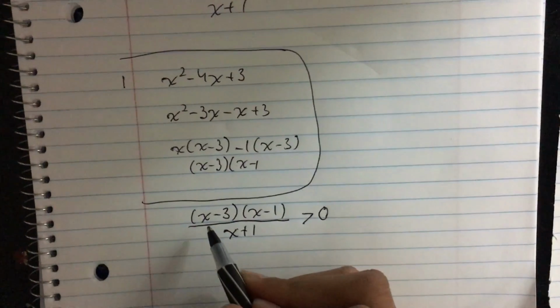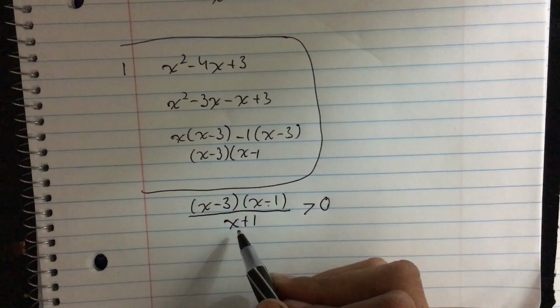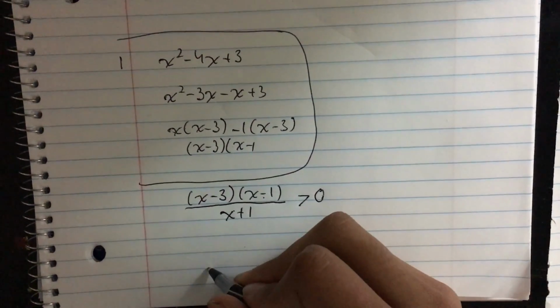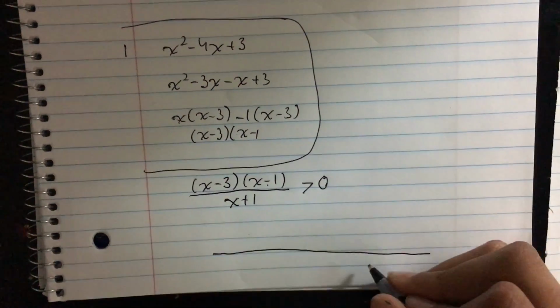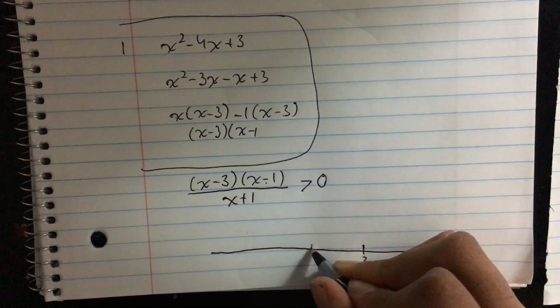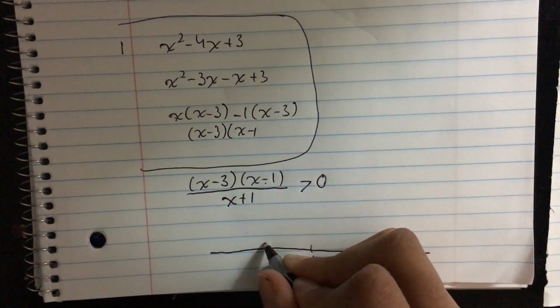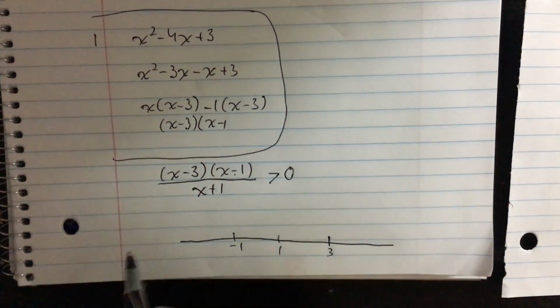The critical points are x is equal to 3, x is equal to 1, and x is equal to negative 1. So if I were to draw that on a number line, I have 3 critical points: one at 3, one at 1, and the other at negative 1. But it's not like the normal number line.